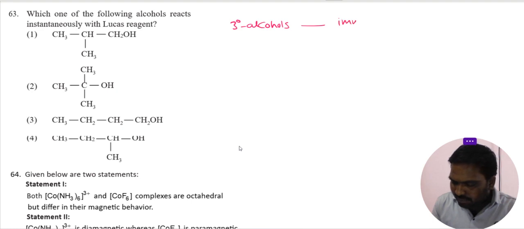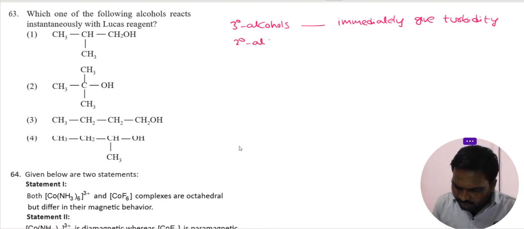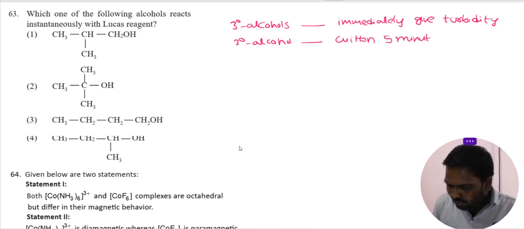Turbidity means a foam-like reaction. Secondary alcohols give a reaction with Lucas reagent within 5 minutes. Primary alcohols react slowly.